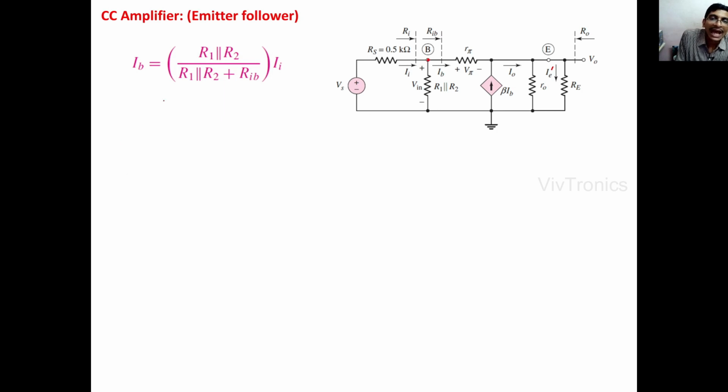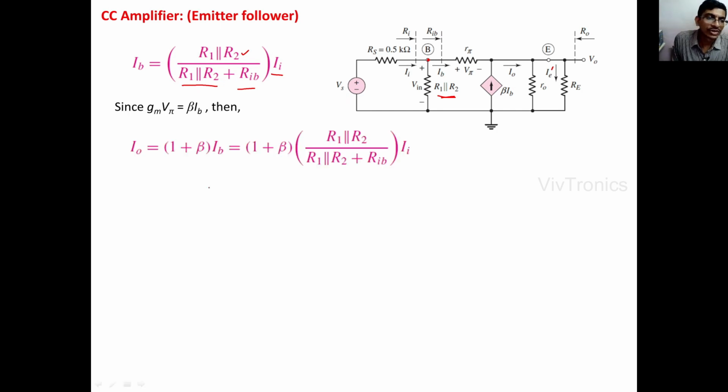Therefore the IB current, which is the current flowing in the R pi resistance, can be found by using the current division rule. Here Ii is the total applied current, and the opposite resistance is R1 parallel R2, divided by the total resistance, R1 parallel R2 plus RIB, the input resistance of our amplifier circuit.